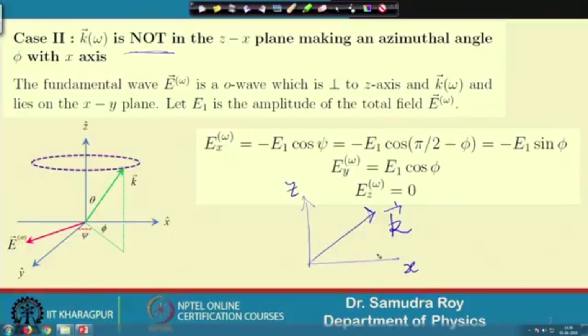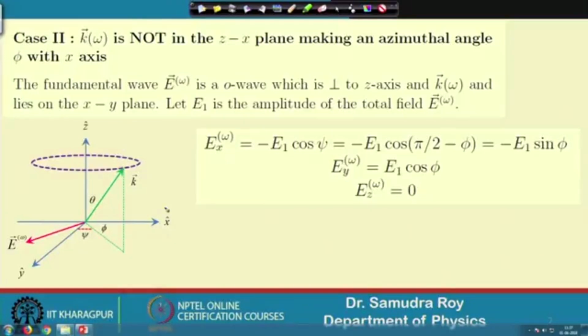But now you can see that the launching angle of k is the same, that is theta, or 45 degrees, but there is an azimuthal angle. So k is not in the xz plane, it is hanging in space.